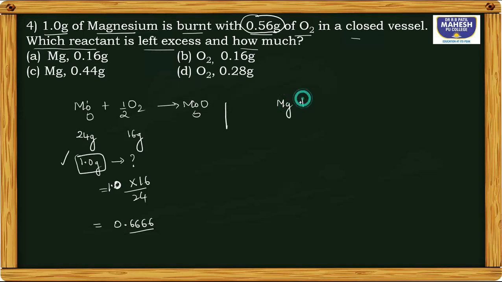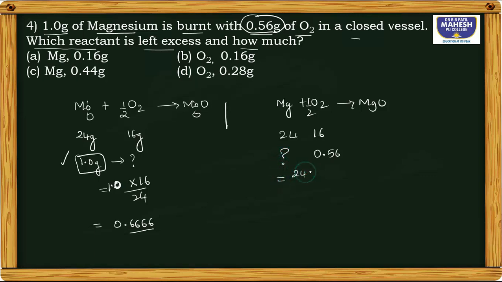Let us do it like this. Magnesium reacts with half a mole of oxygen to form magnesium oxide. So 24 and 16, we already know. Now, to react with 0.56 gram of oxygen, how much mass of magnesium is required?